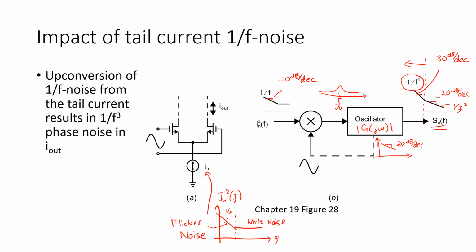At high enough offset frequencies, however, you end up with upconverted white noise dominating and resulting in a phase noise spectrum that rolls off at minus 20 dB per decade. And as indicated here, the 1 over f cubed region typically arises from something like a tail current, whose flicker noise is upconverted by the large periodic waveforms running around the oscillator.